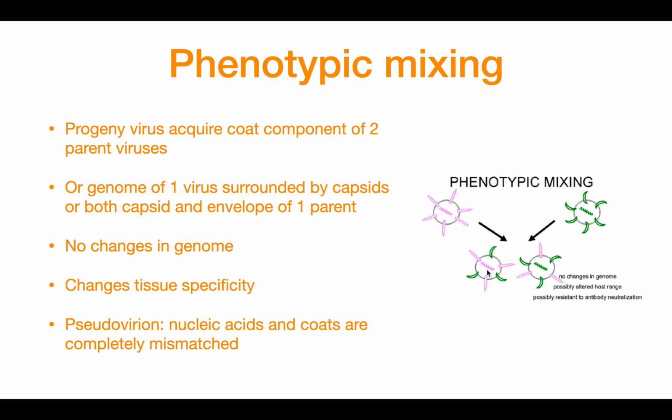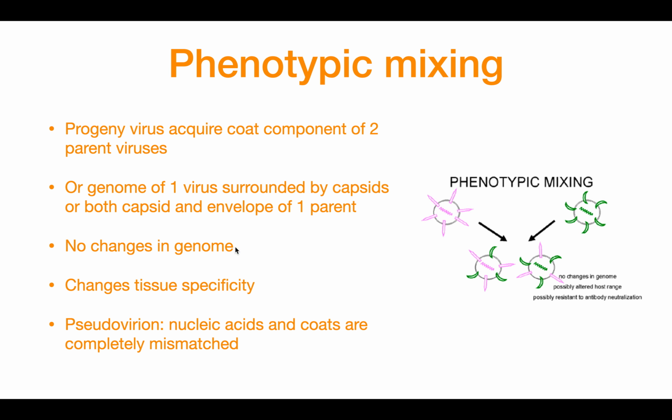So here, this would have the genome of A, but with the mixing, it can have the capsids of A and B, or it can have the capsid and the genome of B, but then have an additional envelope from B. Sorry. So it can have the genome and capsid of A, but the additional envelope of B.